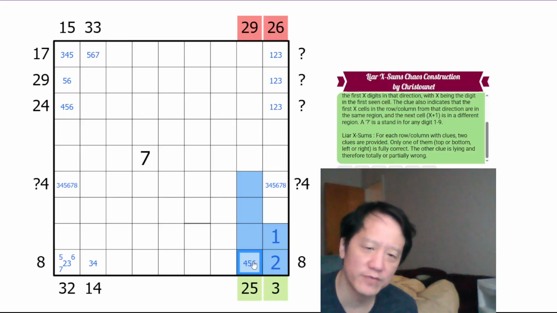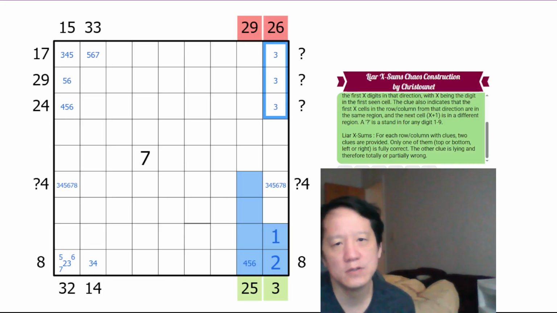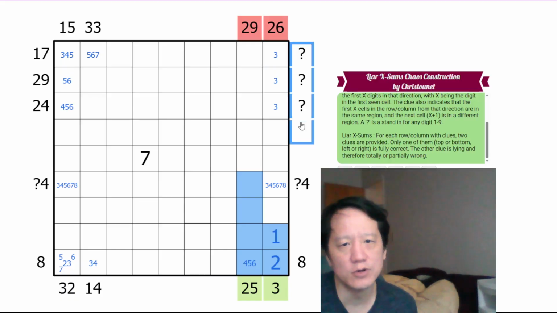This could still be valid. Interesting. So then you cannot have 1 or 2 here. And we know one of these 3 is valid. It cannot be all 3.